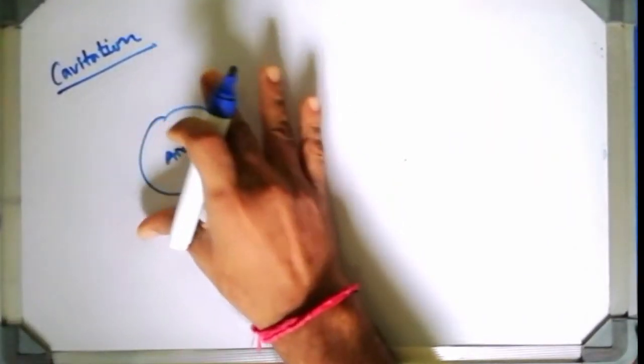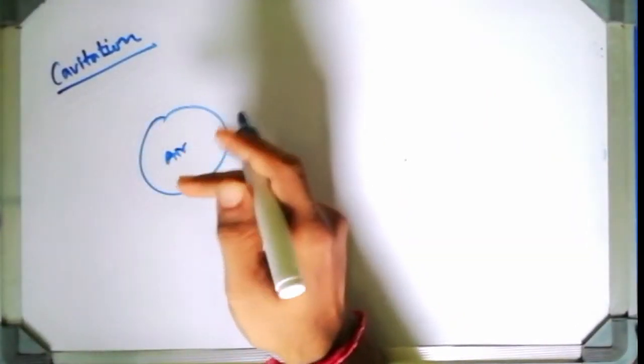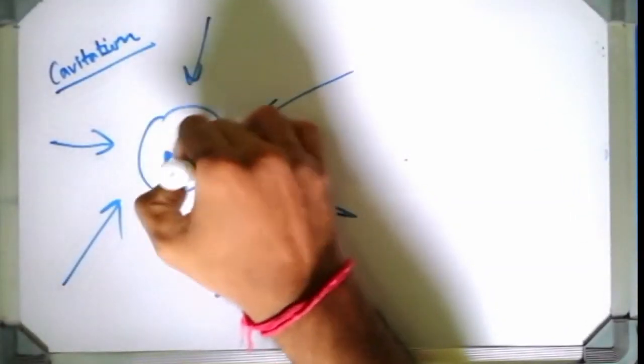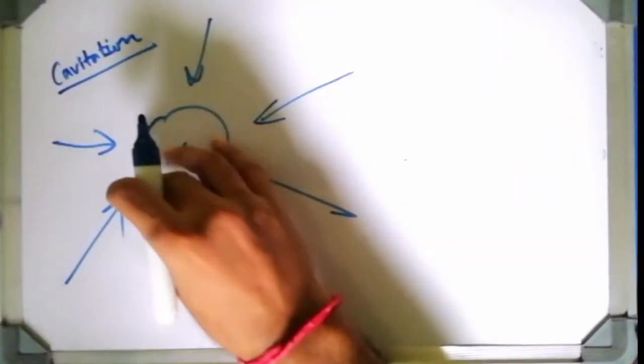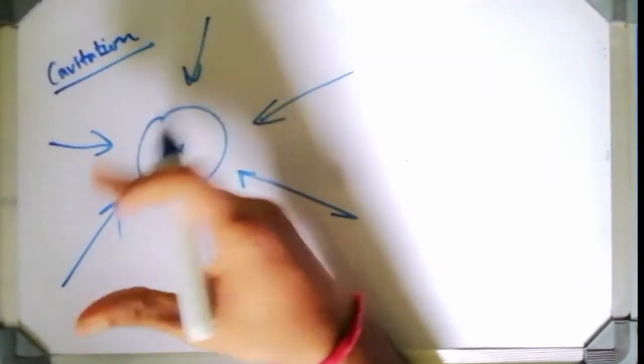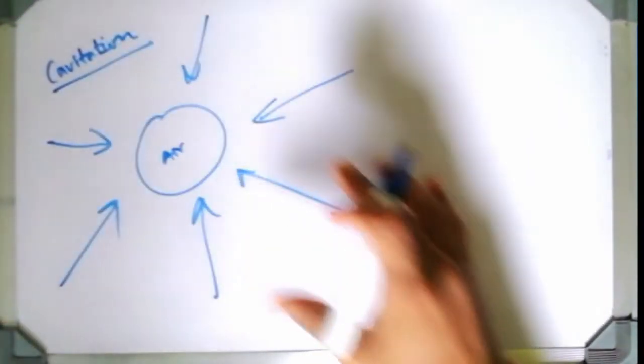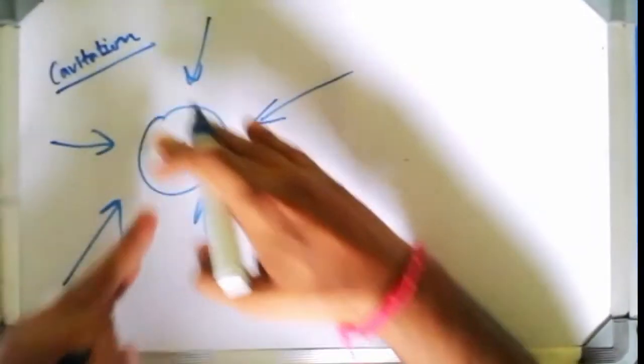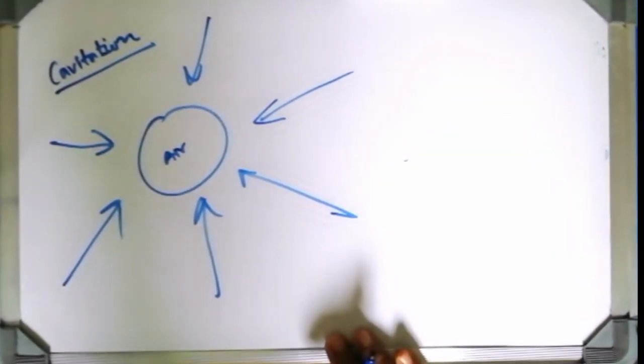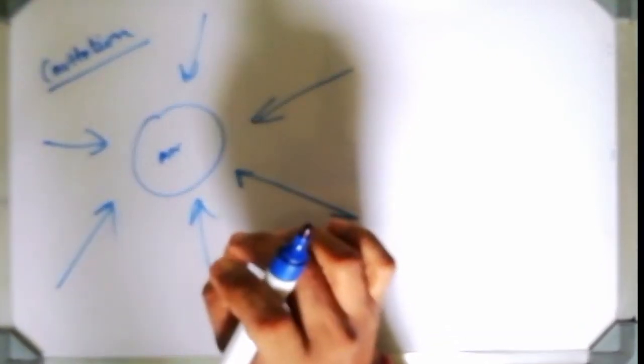When this bubble bursts, what happens? From everywhere the high pressure liquid is going to flow onto that particular low pressure region, because that bubble has burst. Due to the burst, a low pressure is created. So from all around, all the high pressure liquid will flow onto that region, and it will create a kind of pitting action on the cavitation zone.